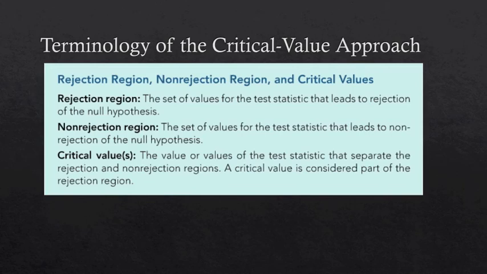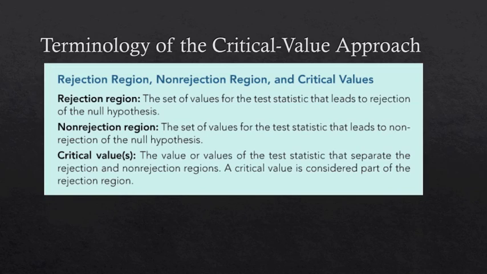Now, what is the rejection region and non-rejection region? I think that's pretty self-explanatory for you. The critical value, that's the value or values, there can be more than one, of the test statistic that separate the rejection and non-rejection regions. A critical value is considered part of the rejection region. So I say that to say this.